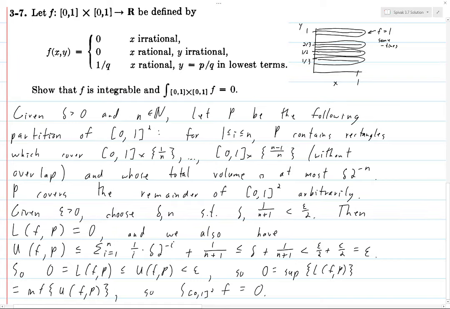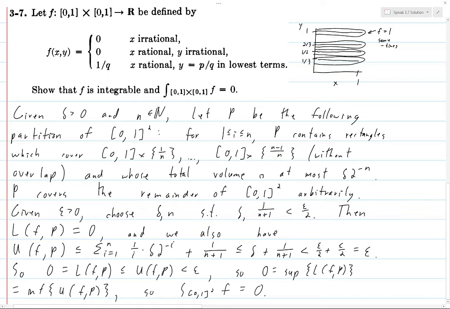But even for our purposes, any cover of any of these horizontal line segments will contain points where the y value is irrational, and so you're always going to have 0 in there, and so the lower sum is always going to be 0.